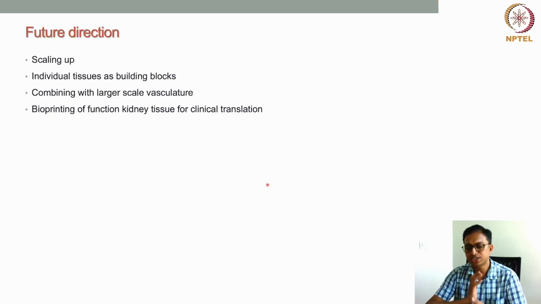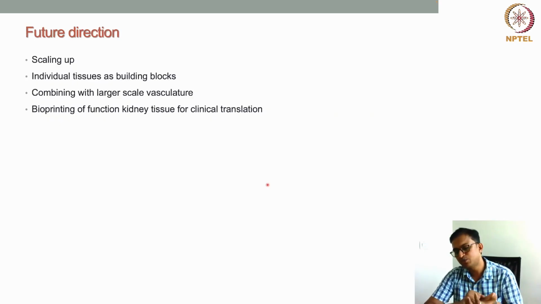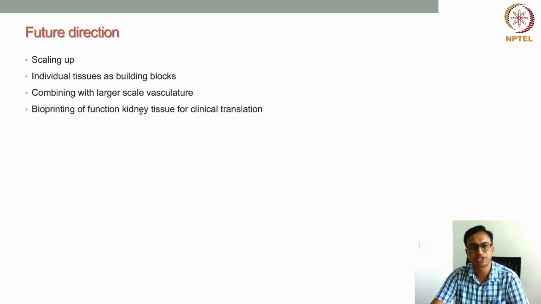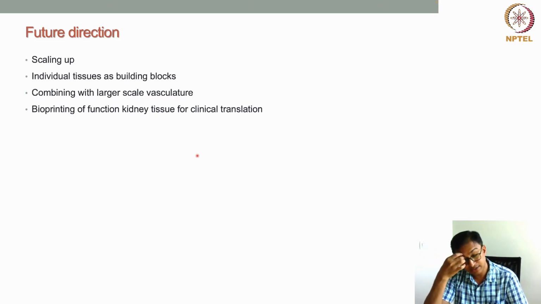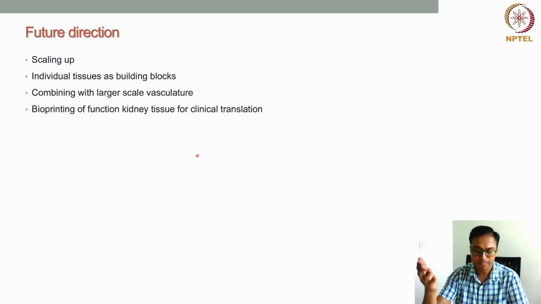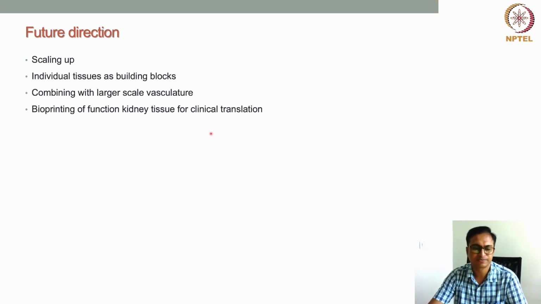But regarding the future direction of all these works, till now we have not achieved bioprinting of fully functional kidney tissue for clinical transplants. We have not reached this stage. Few more developments are required in this space.